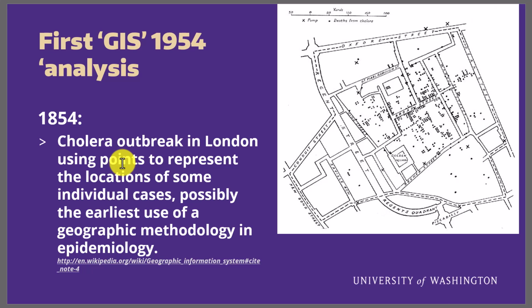And from there, it was determined that perhaps one of the wells on Broad Street was contaminated. They shut off the well, and the incidence of death started to decline. So it's an interesting analysis of GIS. That's the earliest use of geographic methodology in epidemiology.